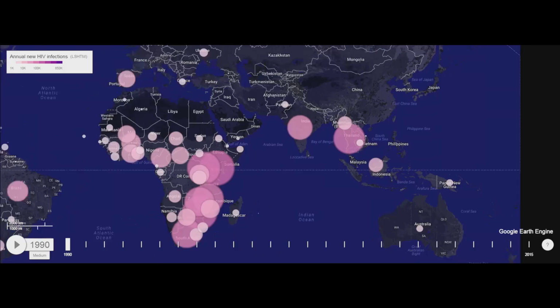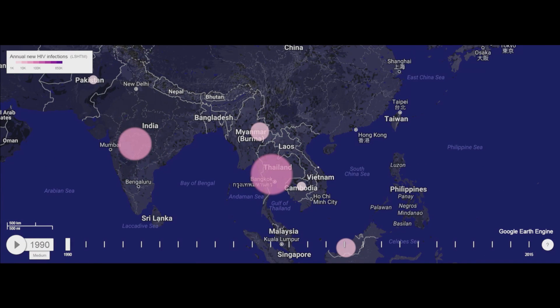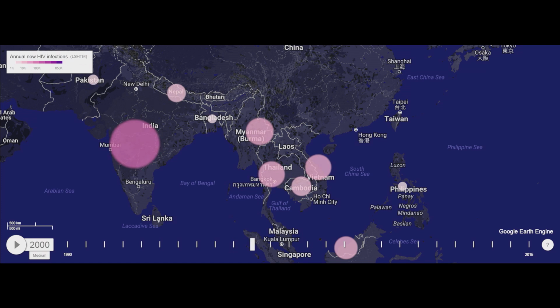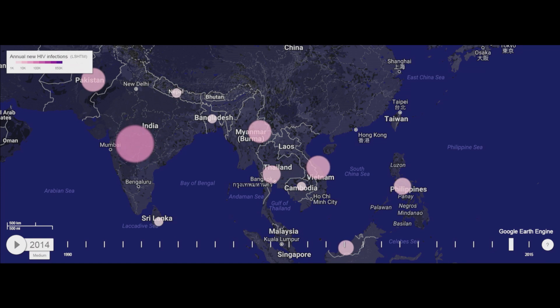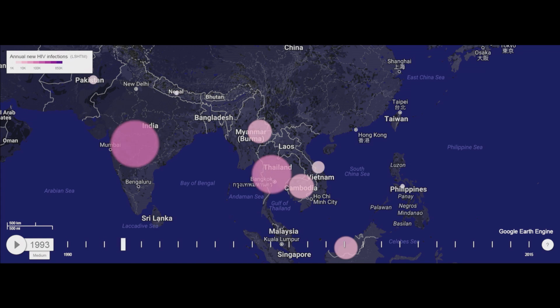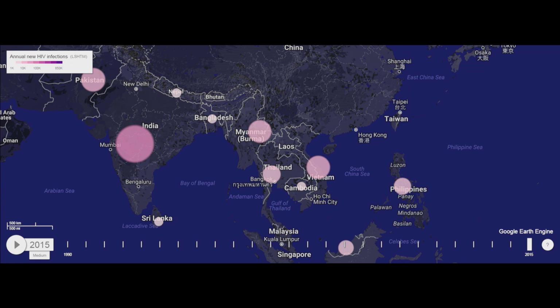And when we take Asia, for example, the virus spread unexpectedly first in Thailand with its sex industry, but then quite effective programs brought it down to much lower levels. And in India also, major spread in the beginning, but then a gradual decrease.